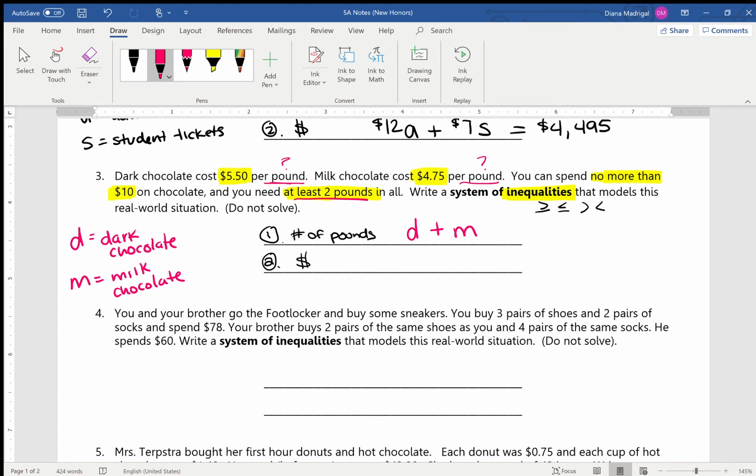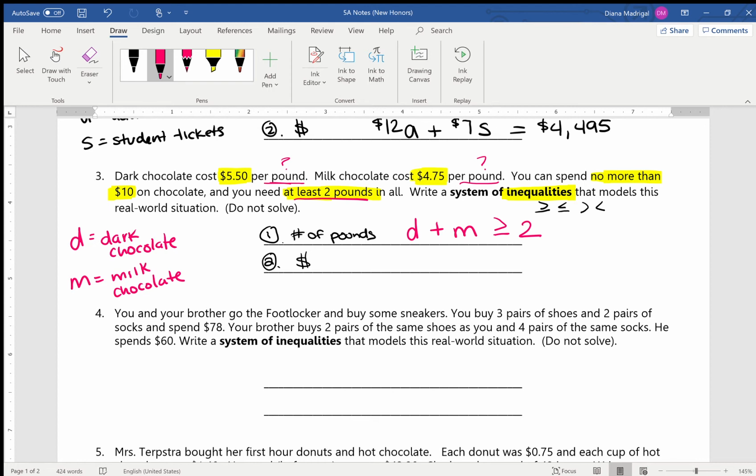Again, at least means that 2 could be your minimum, but you can have more than 2. So you need 2 pounds or more. That means that D plus M could be greater than or equal to 2. The total number of pounds, on the left side, could be more than 2. That's why my sign is greater than or equal to. And then that's it. I'm done with the number of pounds.